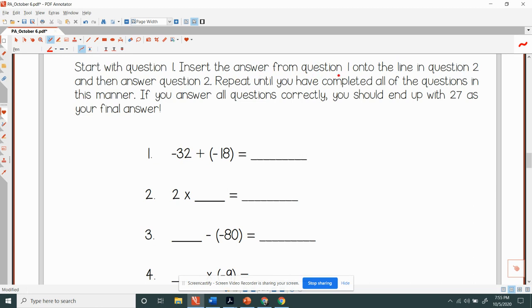Insert the answer from question 1 into the line in question 2, and then answer question 2. Repeat until you have completed all of the questions in this manner. If you answer all the questions correctly, you should end up with 27 as your final answer.